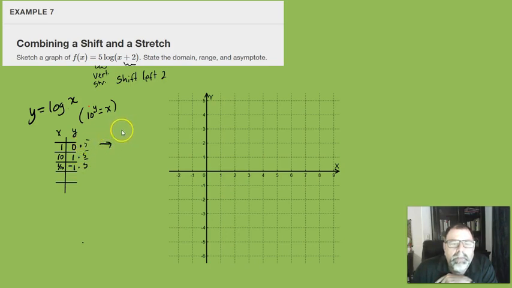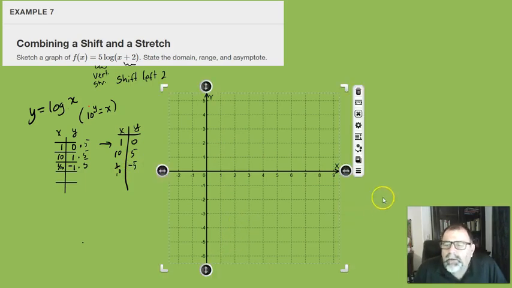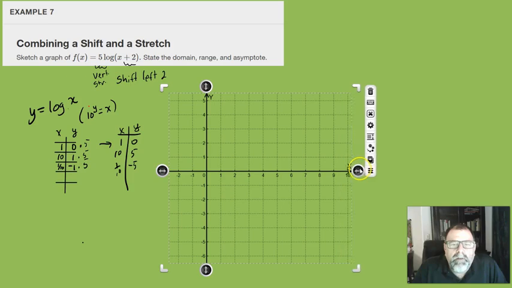So that's going to get me 1, 0, 10, 5, 1/10, -5. Okay, so let me fix my graph here, because I've got to go out to 10.